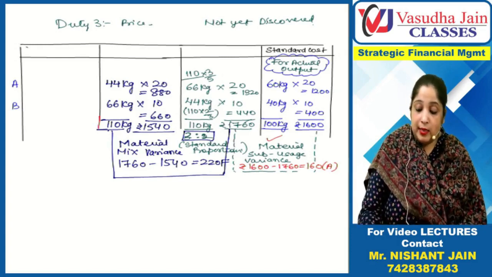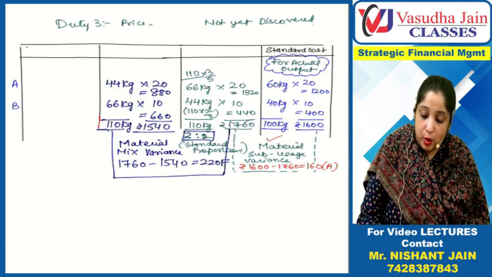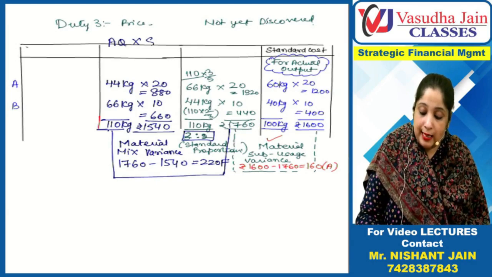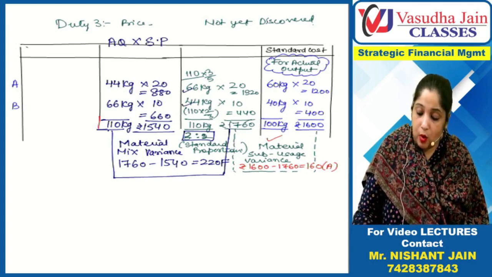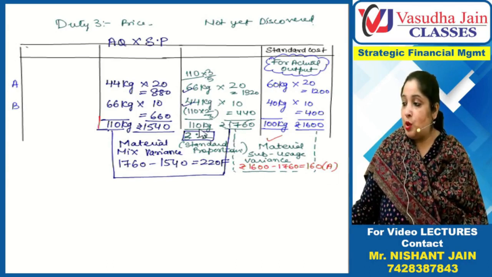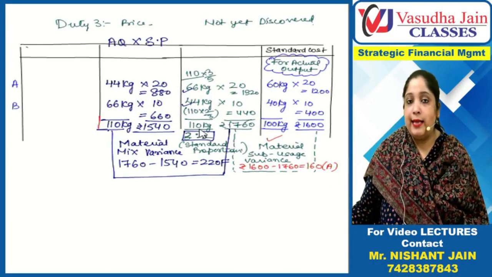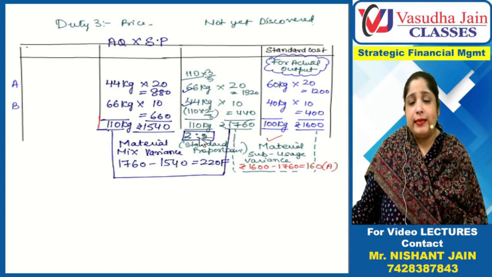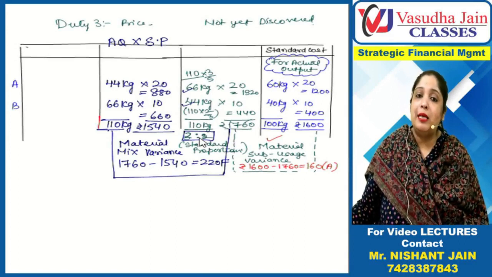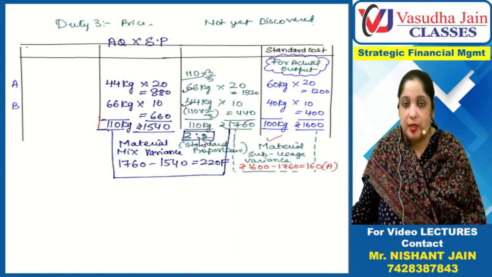Now this quantity is your actual quantity, right? And this price is your standard price. But what is this quantity called? Is this actual quantity? Yes, 110 is actual quantity, but we have written it in the standard proportion. Why have we written it in standard proportion? Because we did not know the second mistake. We just acknowledged the first mistake.